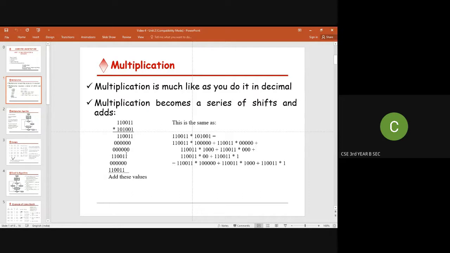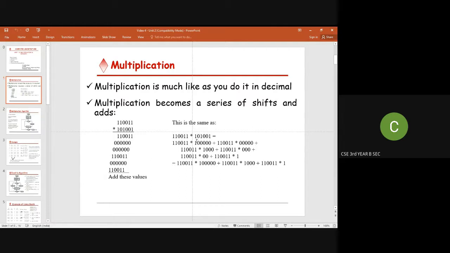This is the traditional one. Look at here, we are using another method. This multiplicand 110011 is multiplied with the multiplier 10101. First, the most significant bit 1 and all zeros is multiplied with the multiplicand, plus the next bit is 0.